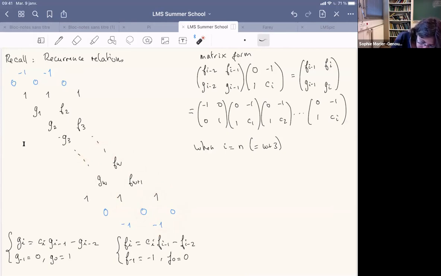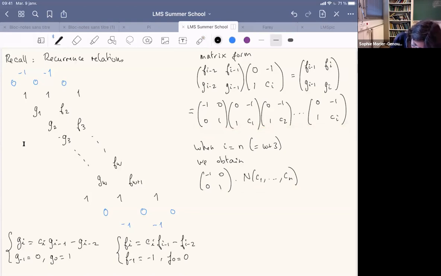So I obtain that starting from this and then applying this product of matrices that I have recorded as the capital matrix N. It's just multiplying the initial matrix with this product of length n.